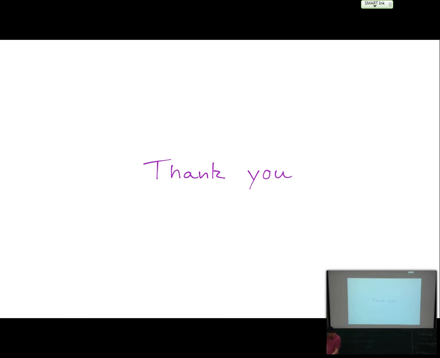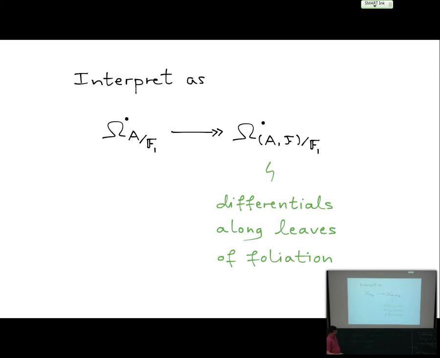I mean, what is a foliation on a manifold? What about the ability? Isn't that just that it's a differential graded ideal?